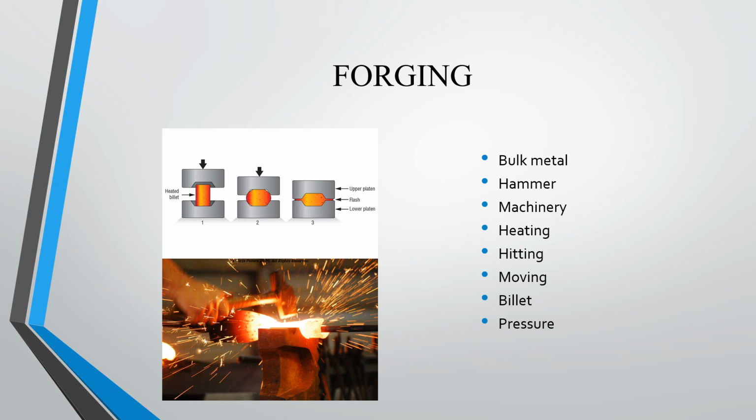All right. You have to generate that pressure to obtain that form. But the companies now have another way to produce the forging products with machines. They could be hydraulic machines.